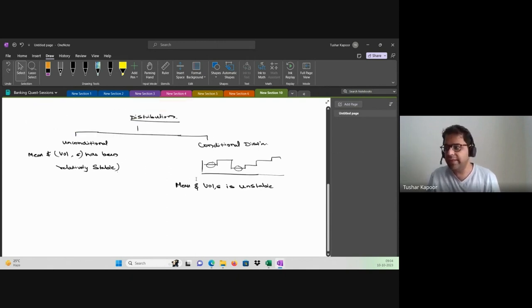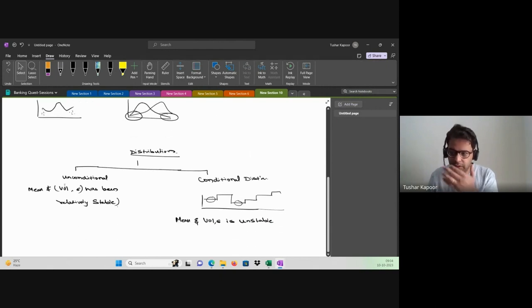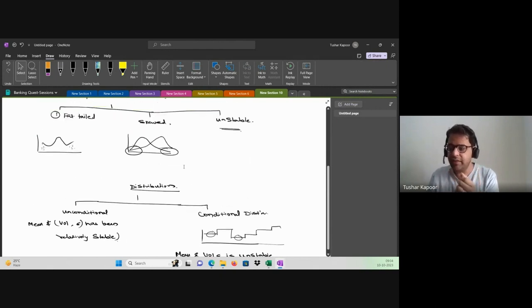And what happens if you take conditional data as the building block for VaR? Then you will see this fat-tailed and skewness event. If you take an unconditional event, you will not have any of the three problems: it won't be fat-tailed because you do not have outliers, and if you don't have outliers, there won't be skewed data and the times would be more stable.